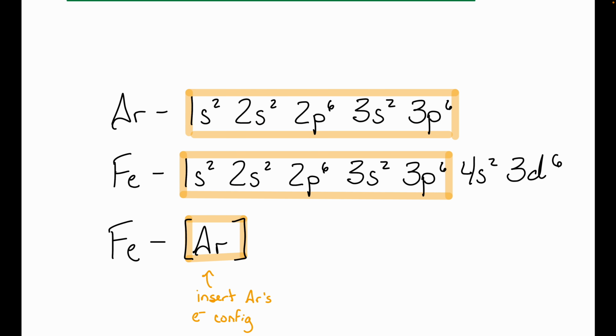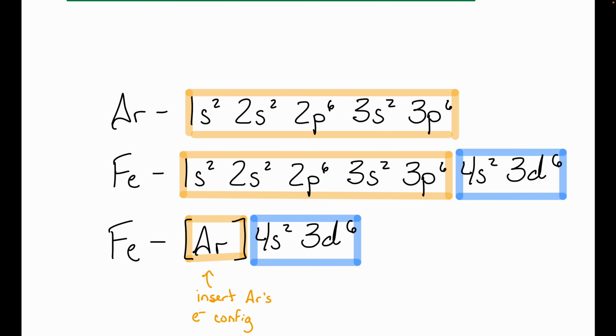So then iron's electron configuration would be argon plus that extra bit at the end, my 4s2 3d6. I would have to include that in my electron configuration for iron.